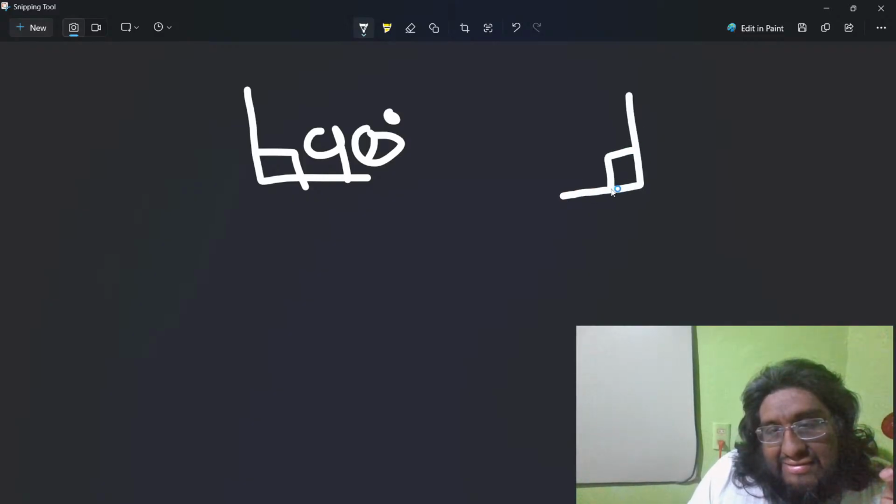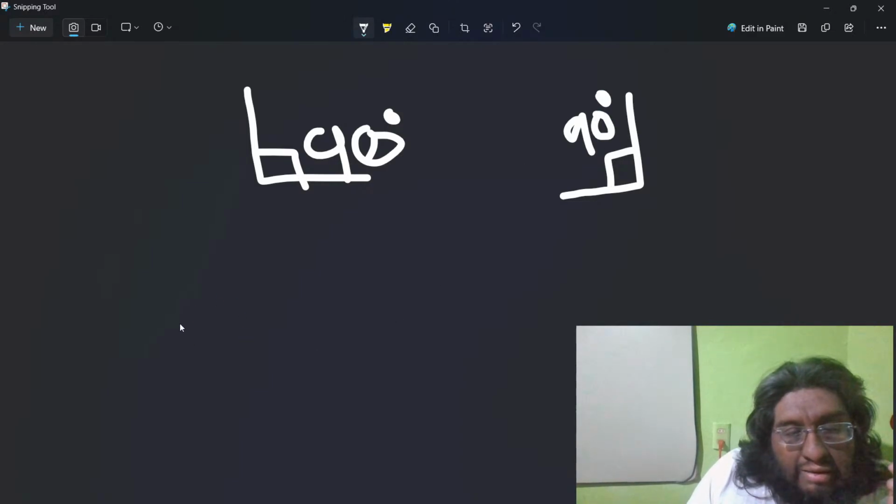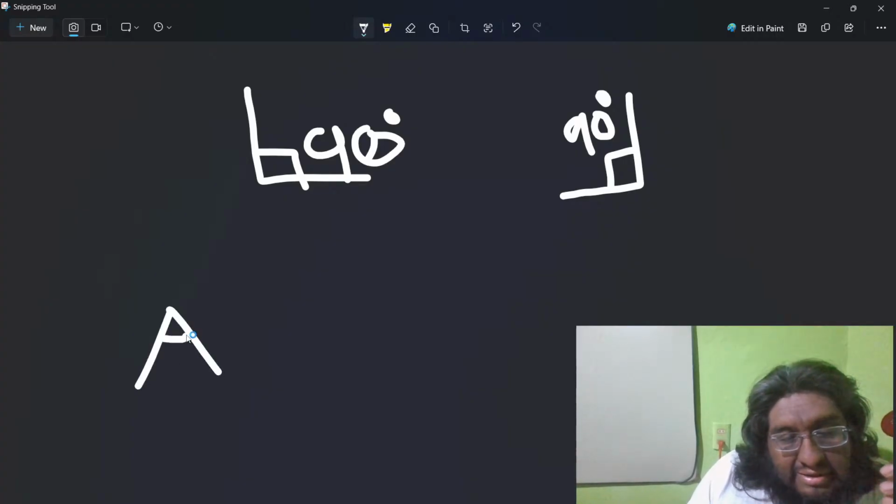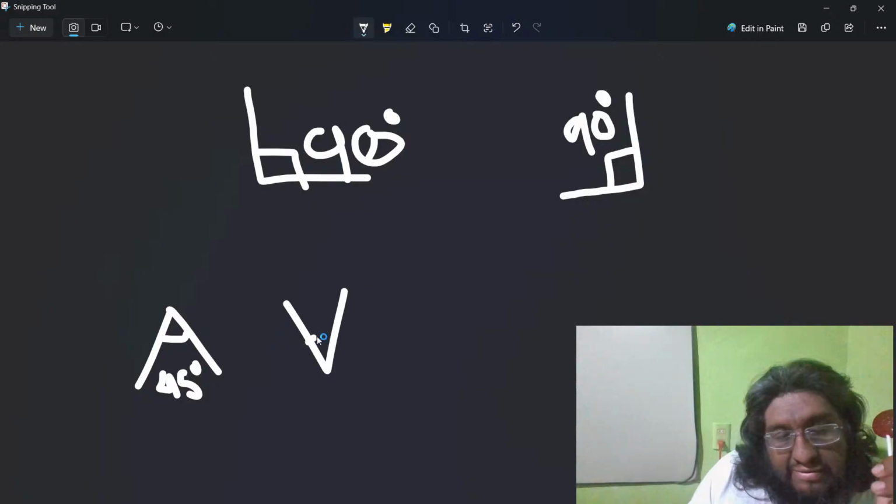This is also a 90 degrees angle. And if you have some other angles, this will be like 45 degrees. Imagine, you can think that it is the case.